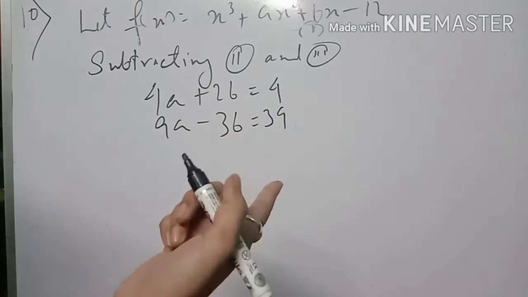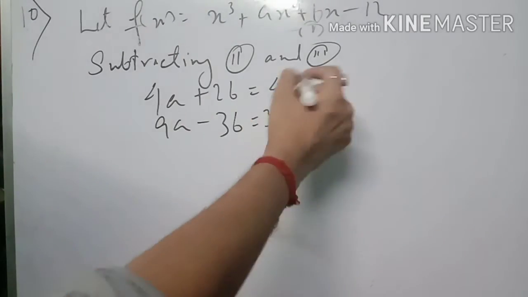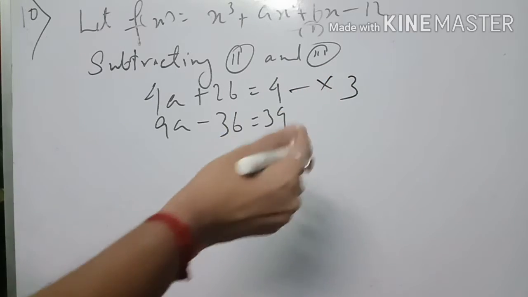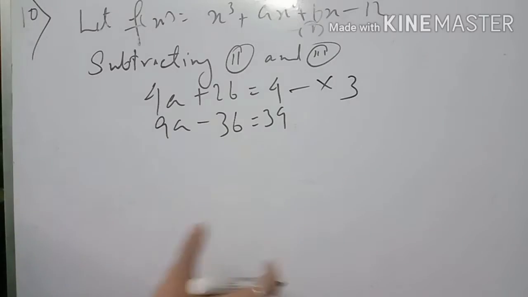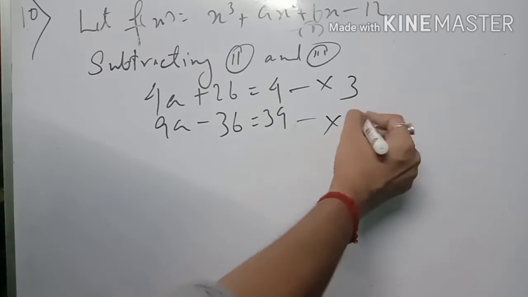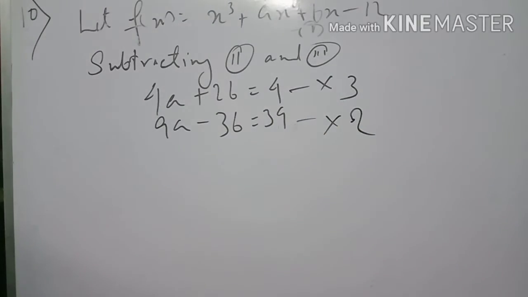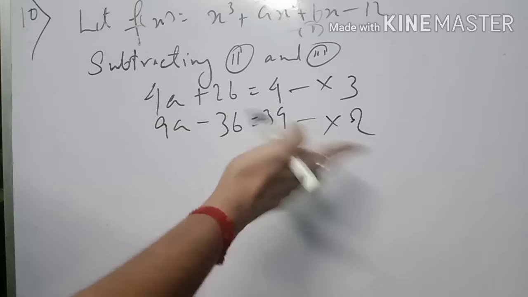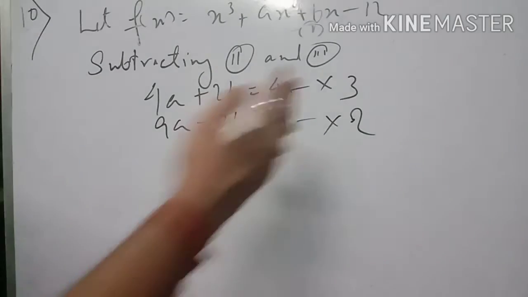To make them the same, I'm going to multiply this equation with 3. I'm doing it in a shortcut way. You need to do it in a traditional way, that is the long way, which means you need to write the statement for this. So I'm multiplying equation number 2 by 3 and equation number 3 by 2. Fine. So let me multiply.